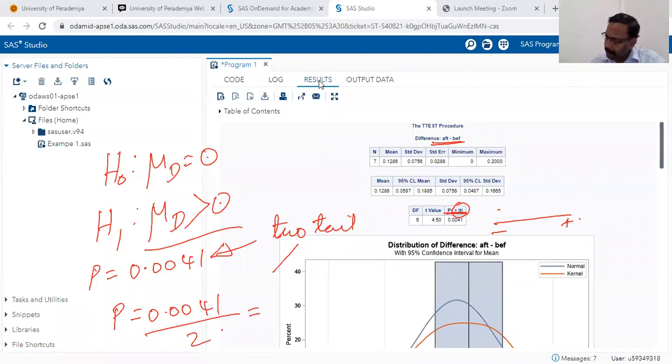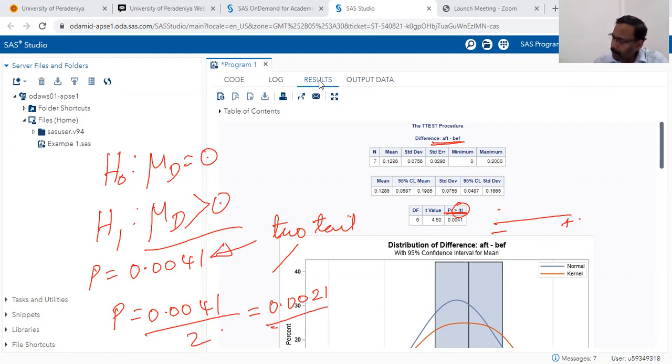If you divide this by 2, that becomes, let's say, 0.0021 or whatever it is, the closest value, to 4 decimals, right? Let's say 21, the closest answer.